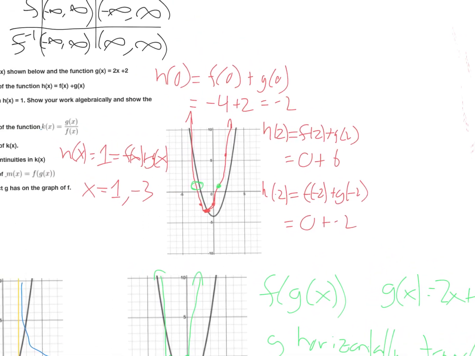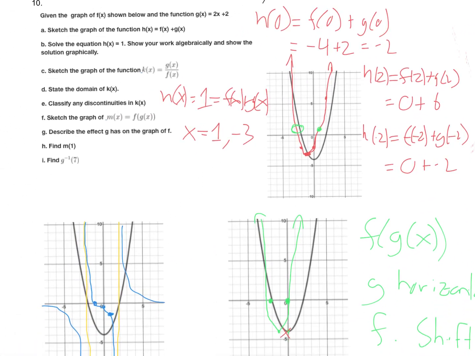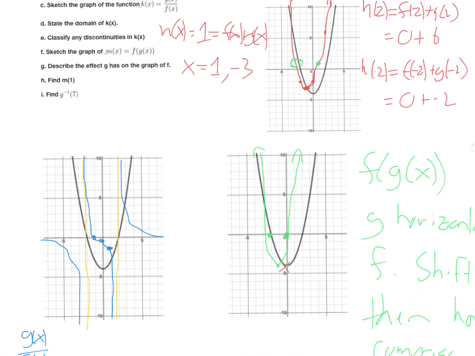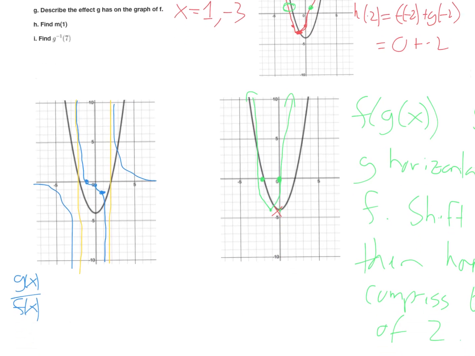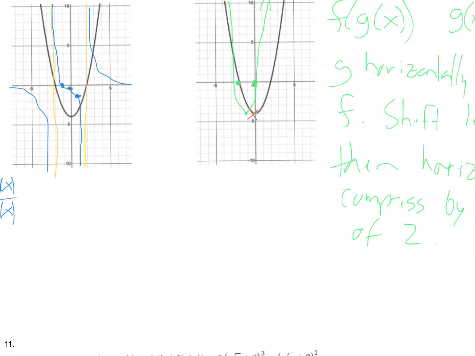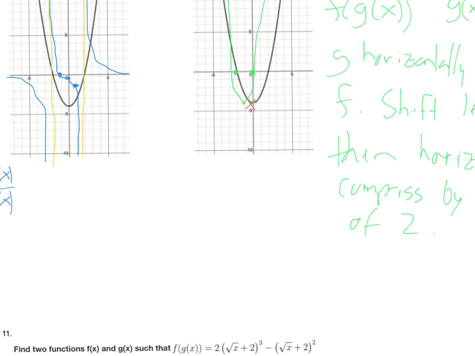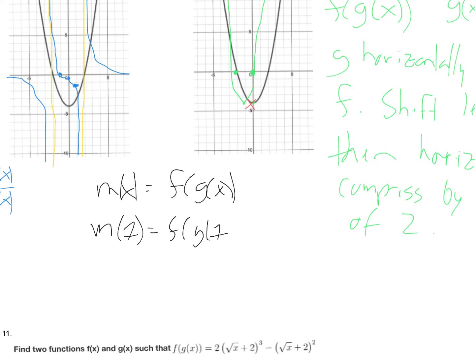Now the last two things that it asks us to do is to find m of 1 and then find g inverse of 7. So because m of x is equal to f of g of x, I just need to work out that composition. And we're doing this for m of 1, so that's f of g of 1.